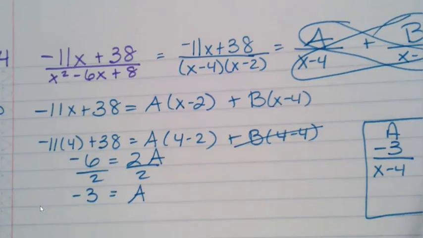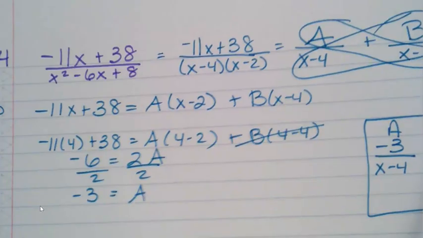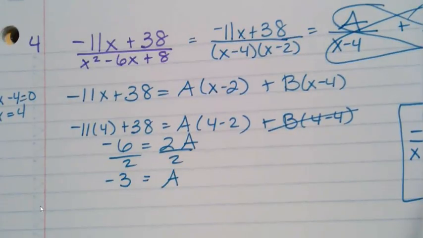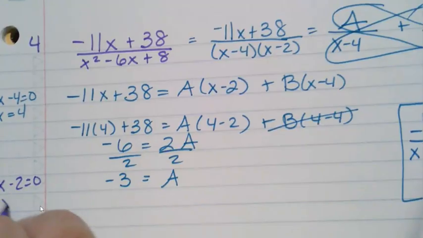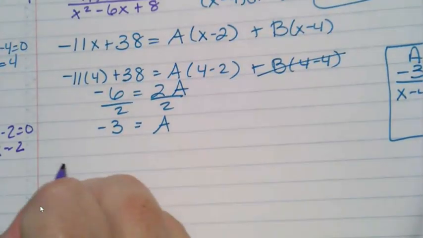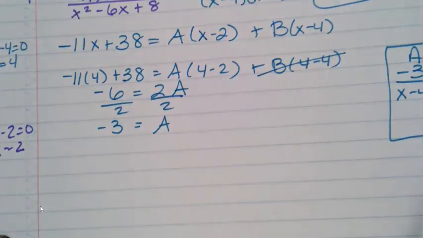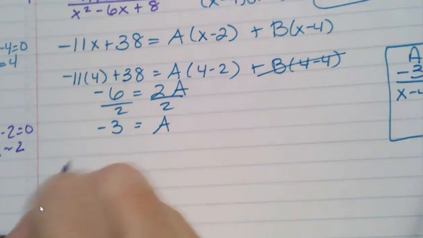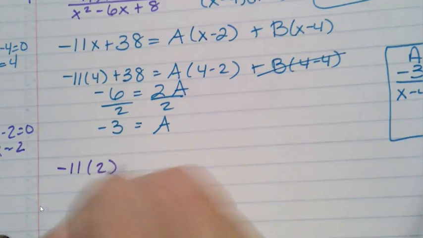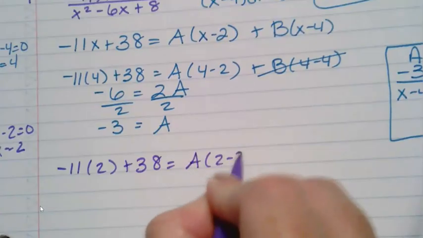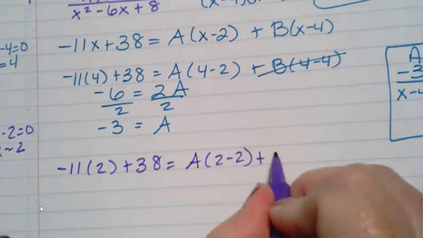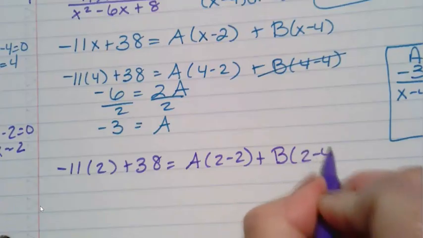Okay, now we're going to redo the whole process again. I don't know if y'all saw that over there. With x minus 2 equals 0, so x equals 2. Hold on one second. Bob, stop. So negative 11 times 2 plus 38 equals A times 2 minus 2 plus B times 2 minus 4.